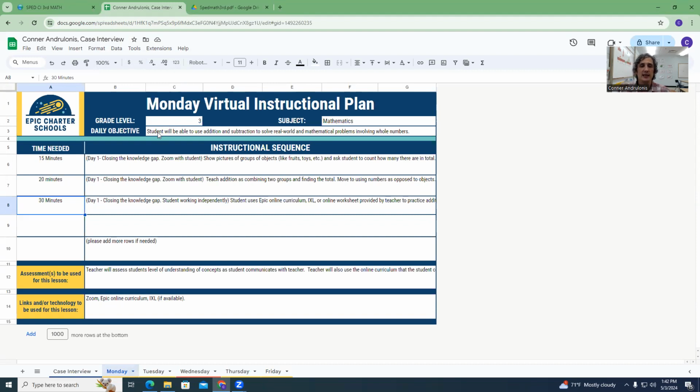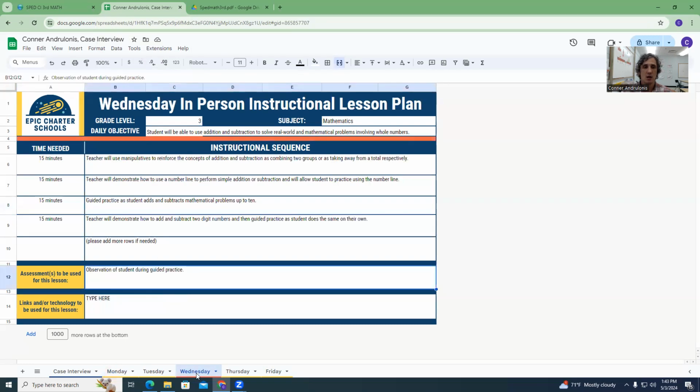So really trying to solidify those core concepts of what is addition. Addition is, I've got 2 groups and I'm going to combine them together and get a larger group. What is subtraction? I've got a set of things, I'm going to take some away and now I have less. So these first 2 days are going to be those closing the knowledge gap days, where we really make sure Terrence has an understanding of those concepts.